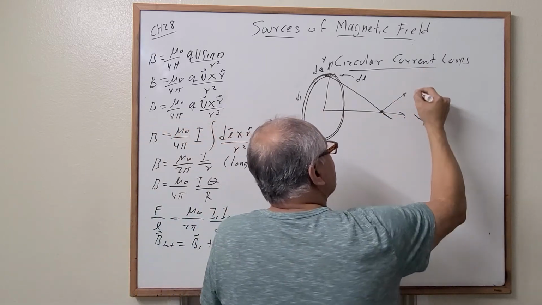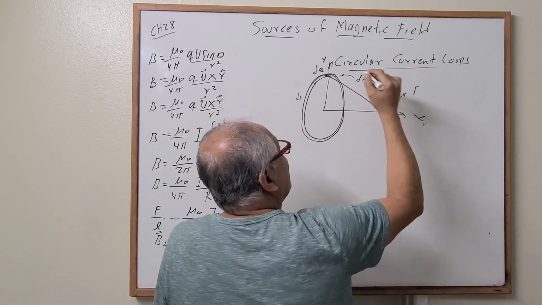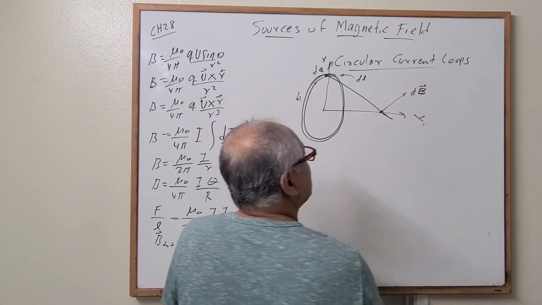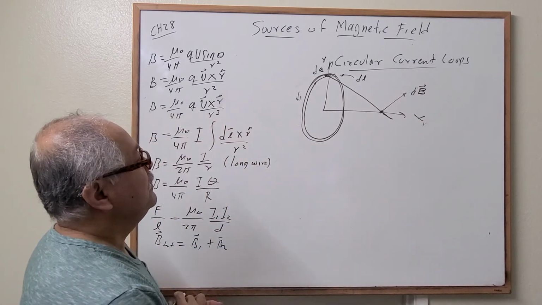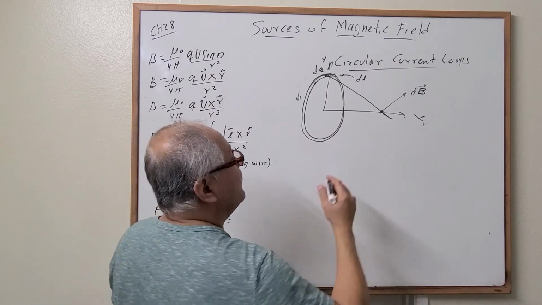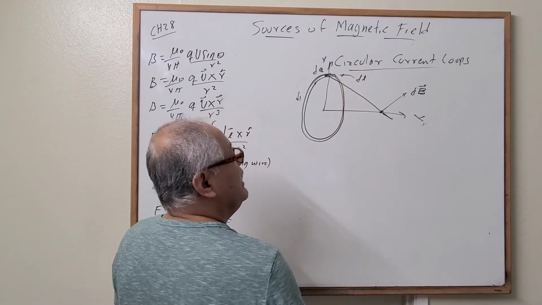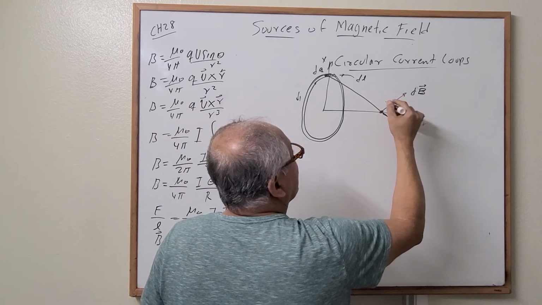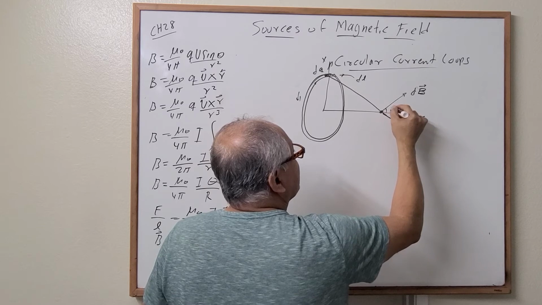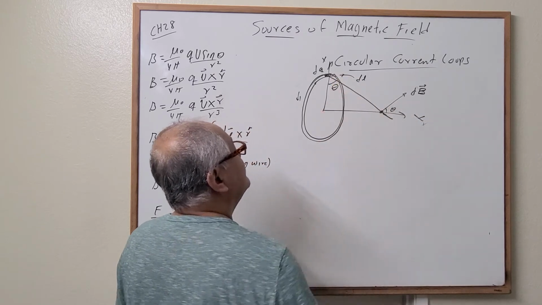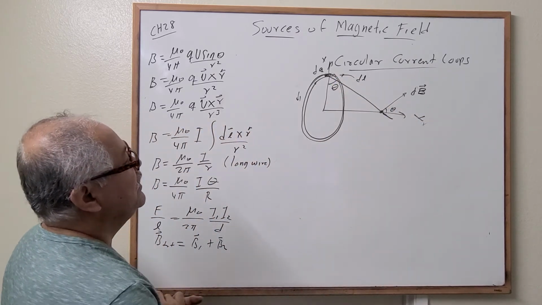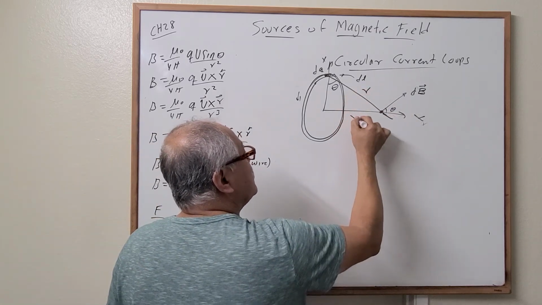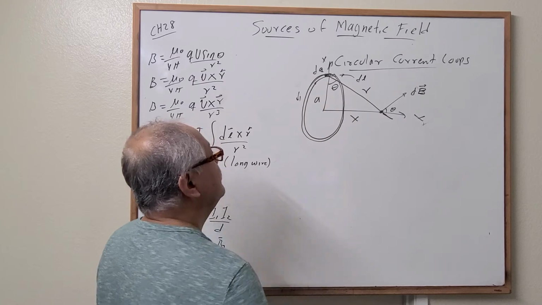So we have the direction of this element of the magnetic field in that direction. Also by geometry, these are perpendicular, so this is angle theta, and this is angle theta. Imagine also that this is r, one more time this is x, and this is a, the radius.